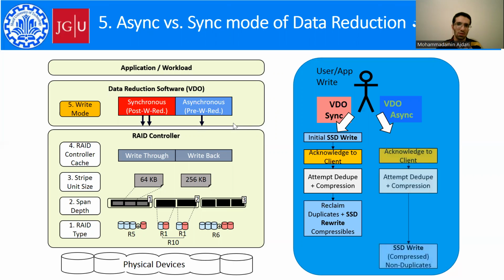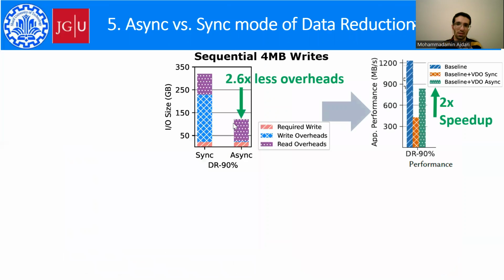The async mode acknowledges the requests to the clients much sooner, before the data are written to the SSDs, unless the application requires a stronger consistency for a specific set of I/O requests. We observe that in workloads with sequential large block writes, the majority of write overheads are due to the initial data writes to SSDs, and thus VDO async mode eliminates them and boosts the system performance by 2x.